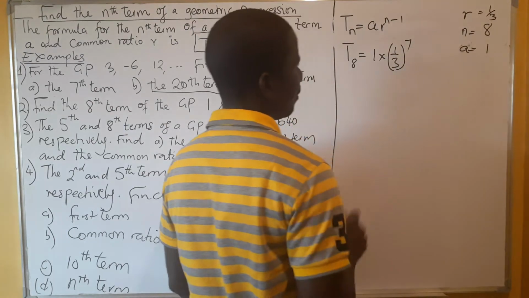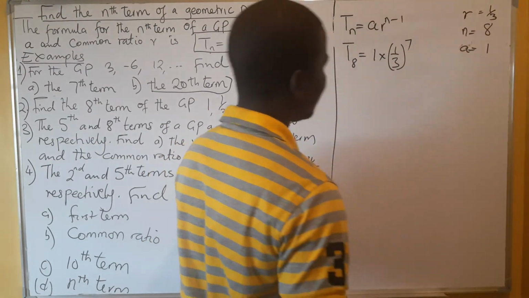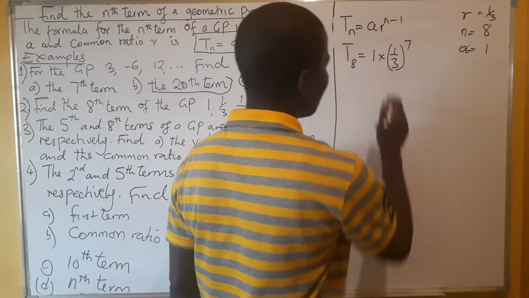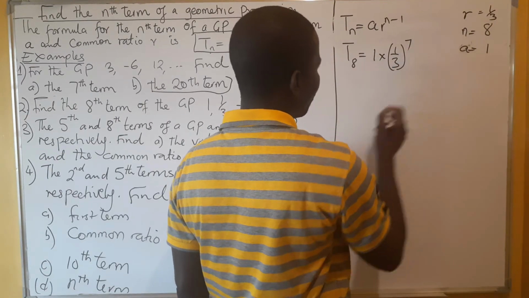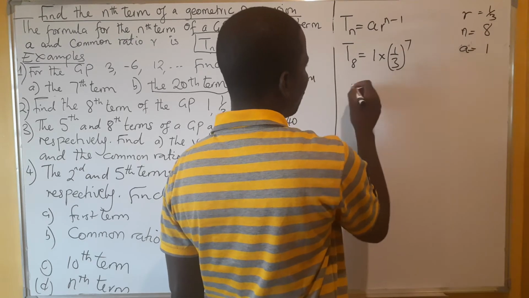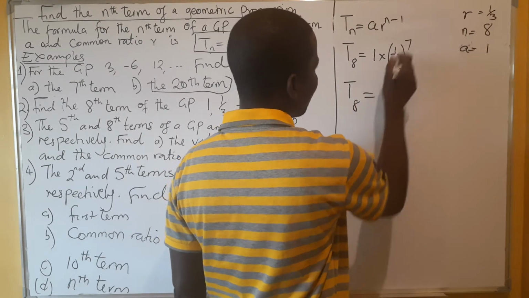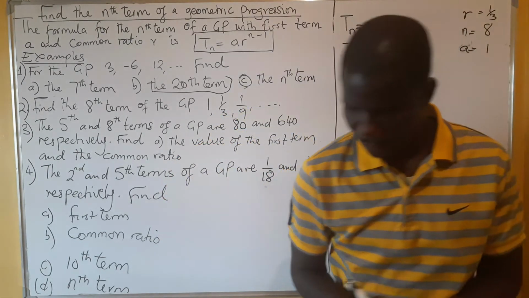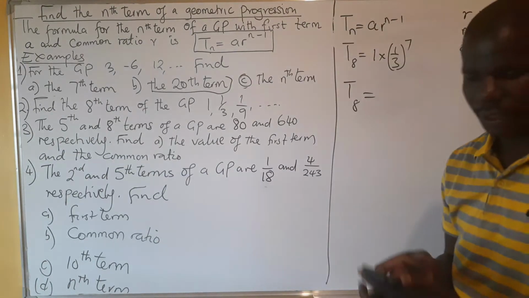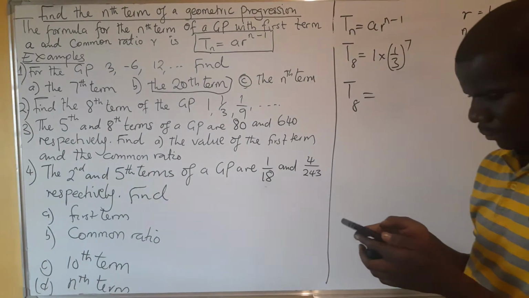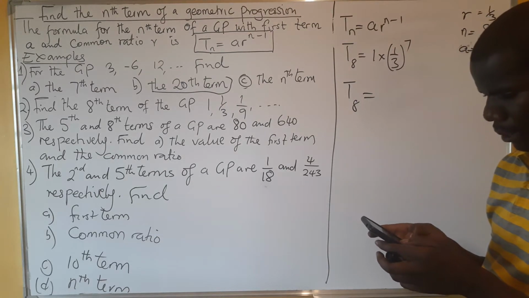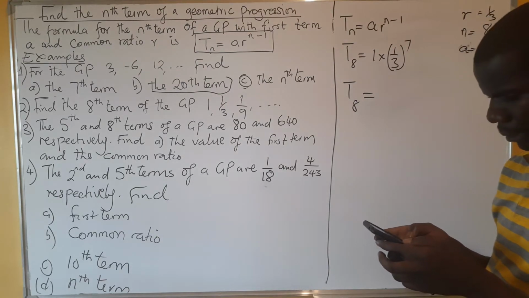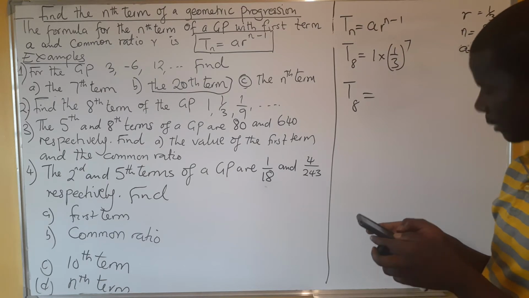It's 7. Okay? 8 minus 1 is 7. When we multiply this by 1, it will still be the same thing. You need to do this on your calculator as I try it on mine, to see if we're going to get the same thing.